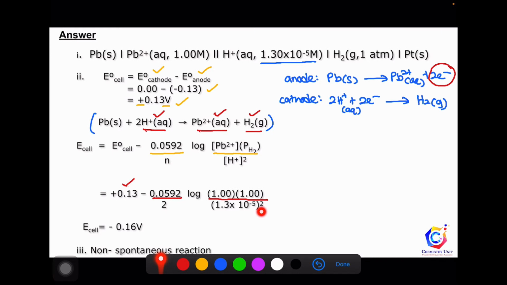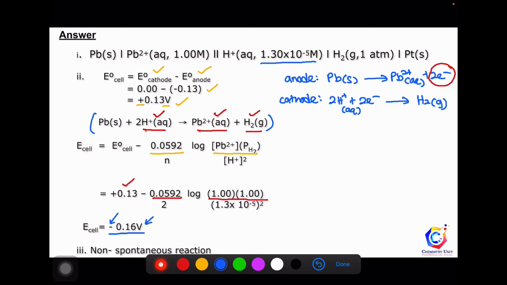Where did we get raised to the power of 2? It is the stoichiometric coefficient from our overall chemical equation. So the final answer is given to be negative 0.16 volt. Make sure to include your sign as well as unit.